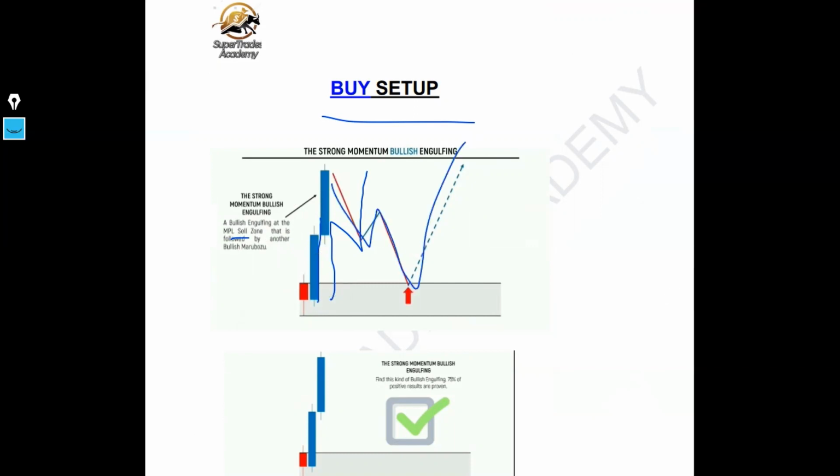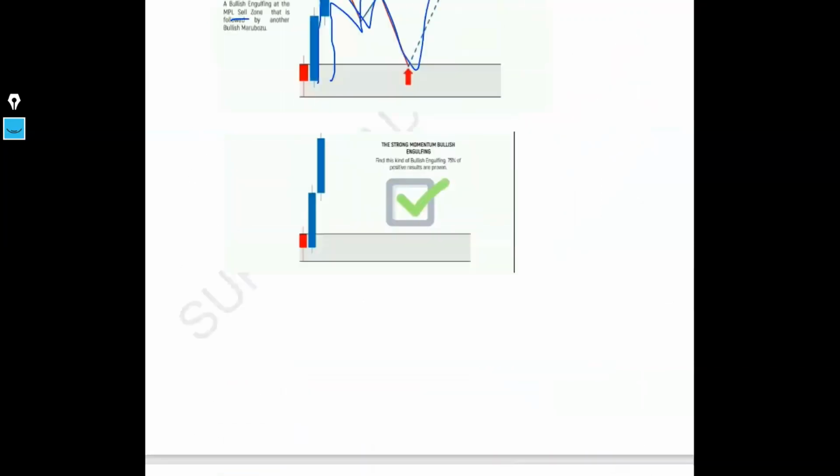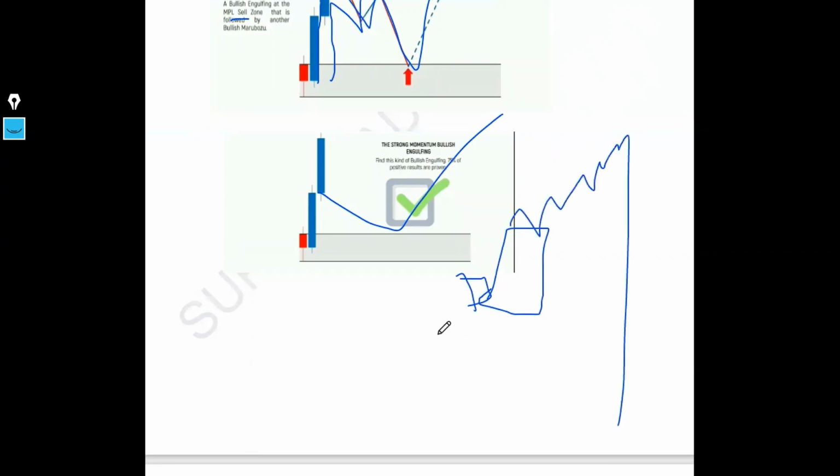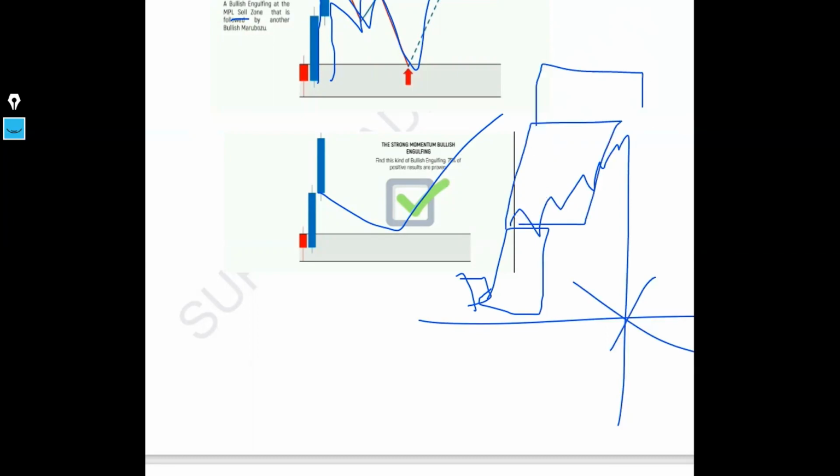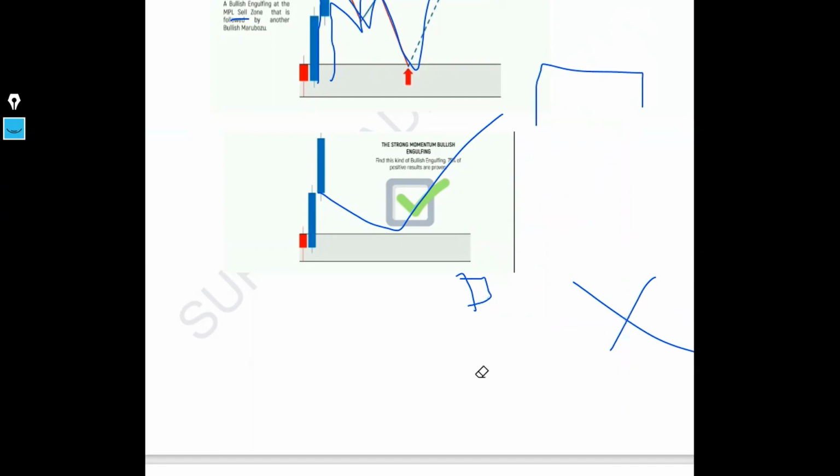So the market will always come back here, pick up the orders and go all the way up. This is very correct. And if you see a Marubozu bearish candle and then you see small candles, this is wrong. The market will take you out. There must be a rapid move from the zone.